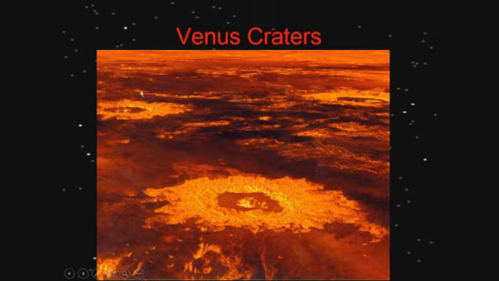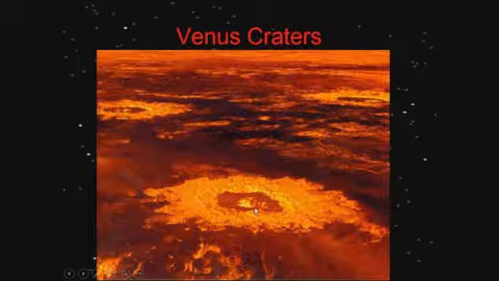And there are a few craters on Venus, predominantly very large ones that haven't been completely filled up by lava from volcanoes just yet. And if you see these peaks in the center, this says a lot about the surface of the planet.